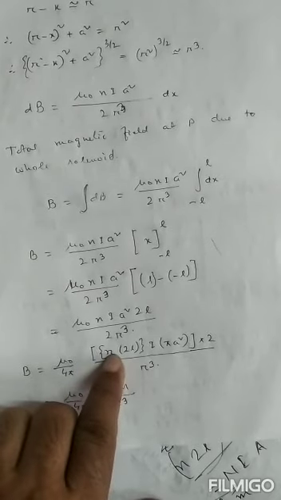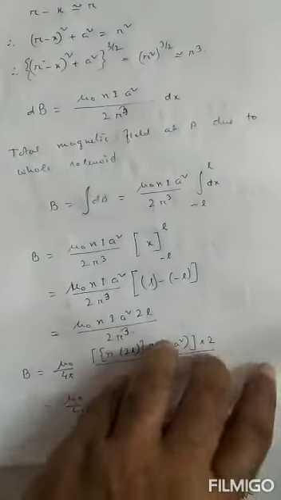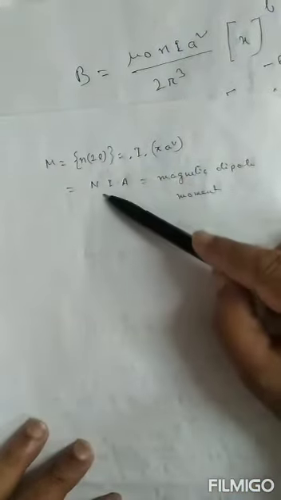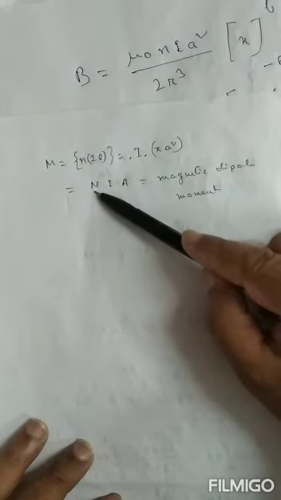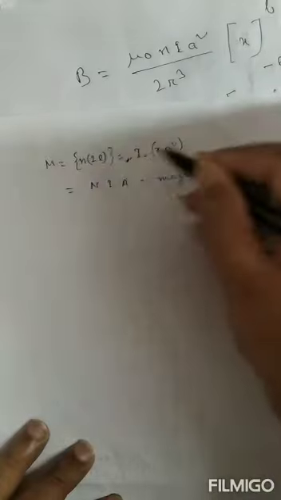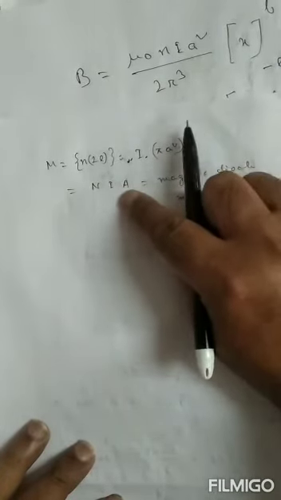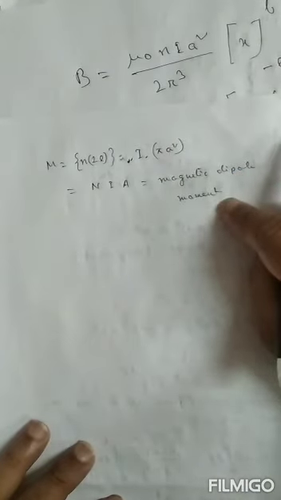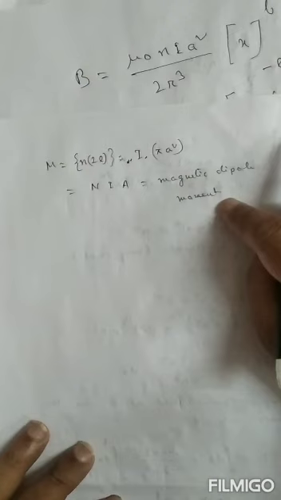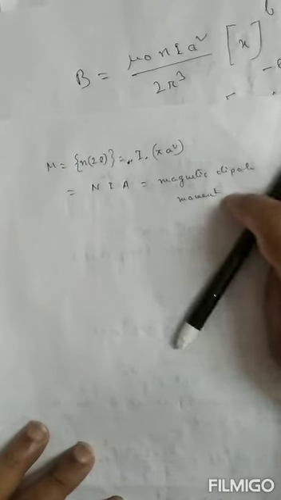So small n into twice L gives us the total number of turns of the coil. And what is pi a square? It is the area of the coil. So current into area gives us the magnetic dipole moment of the solenoid. Okay, I stop today here.